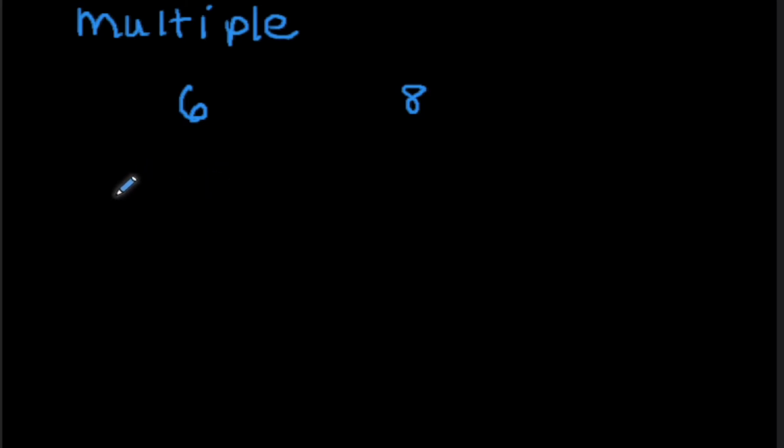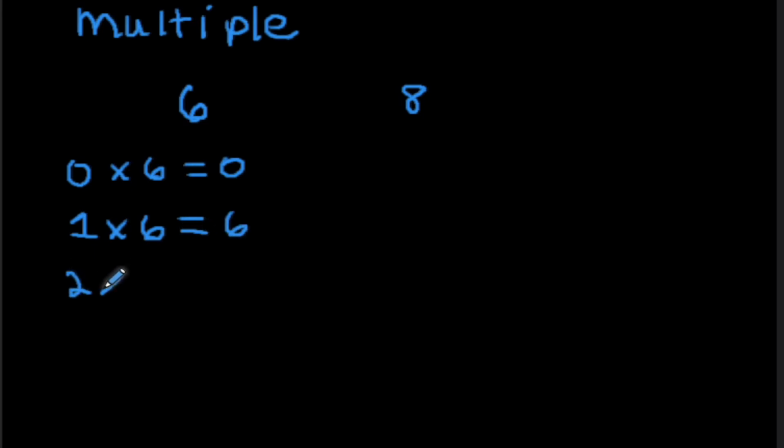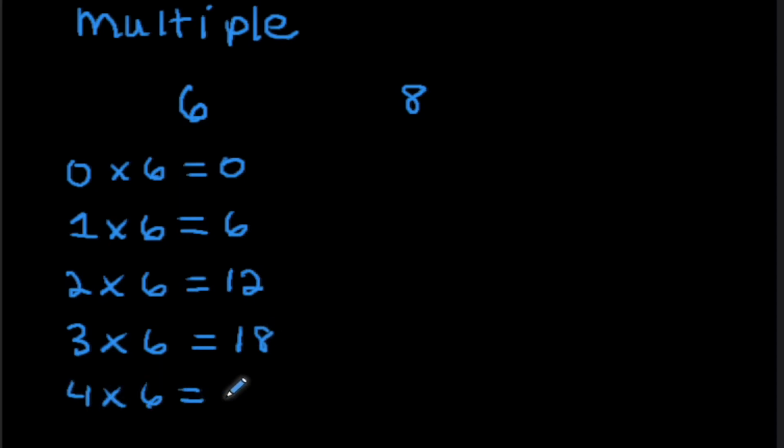So what I'm going to do right now is write the products of the whole numbers beginning with 0 and counting upward. Okay, so let's start with 6. And we have 0 times 6, which is 0. 1 times 6 is equal to 6. 2 times 6 is 12. 3 times 6 is equal to 18. 4 times 6 is 24.